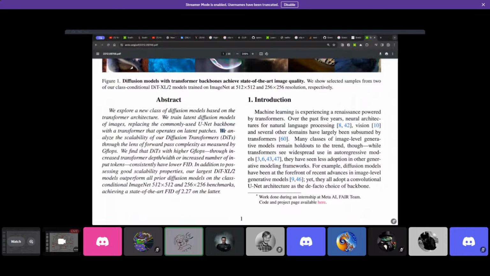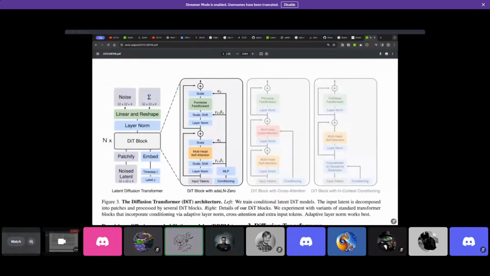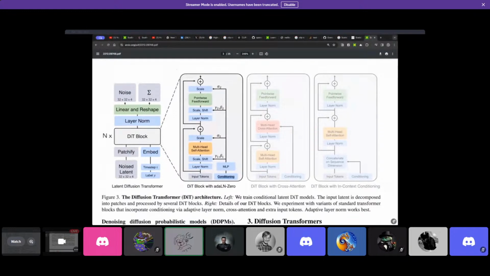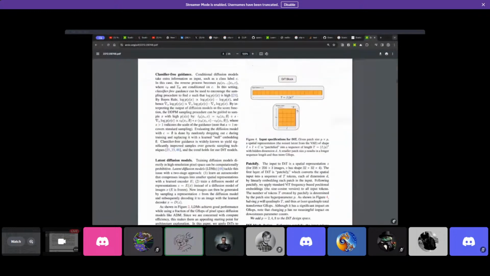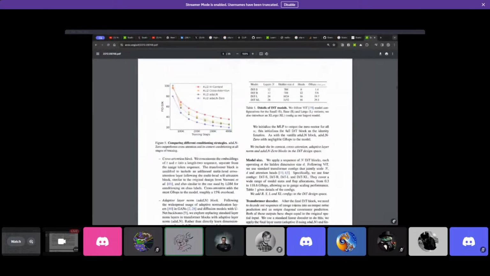So here the time step and the label go in. That's conditioning information. And I don't find much else to suggest, but I would guess it's some sort of MLP.